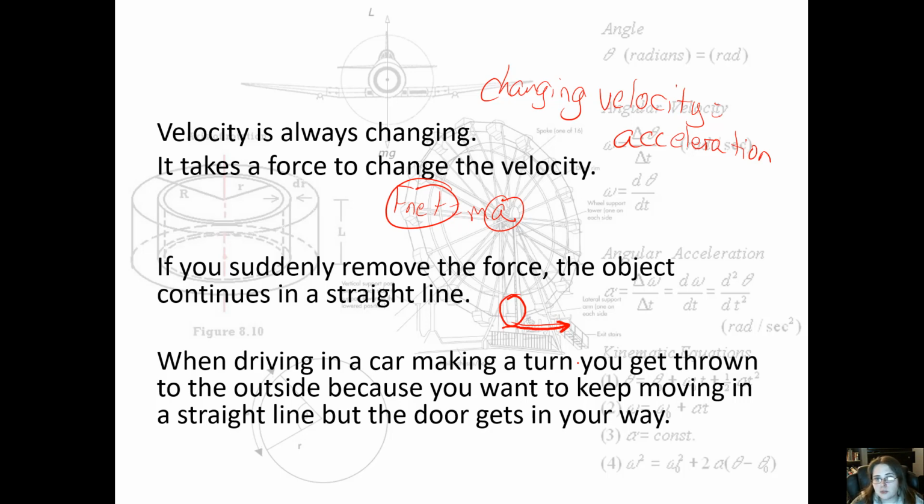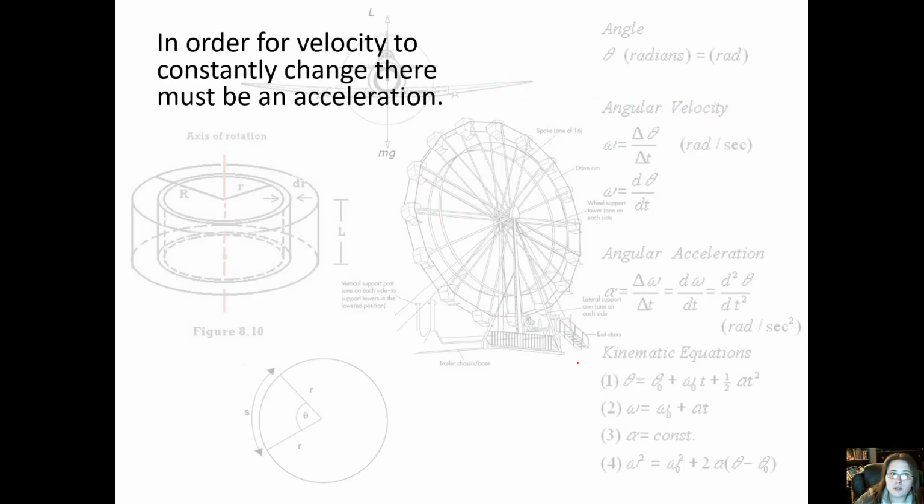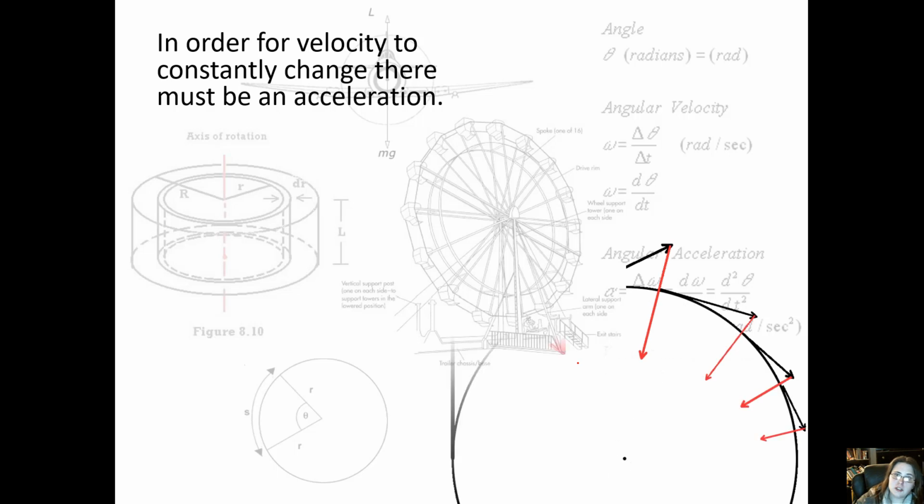So that's why you get thrown to the door: the car is moving, but you want to stay going in the direction you're already headed, and the door gets in your way. Okay, so in order for velocity to be constantly changing, just as I said, there must be an acceleration.